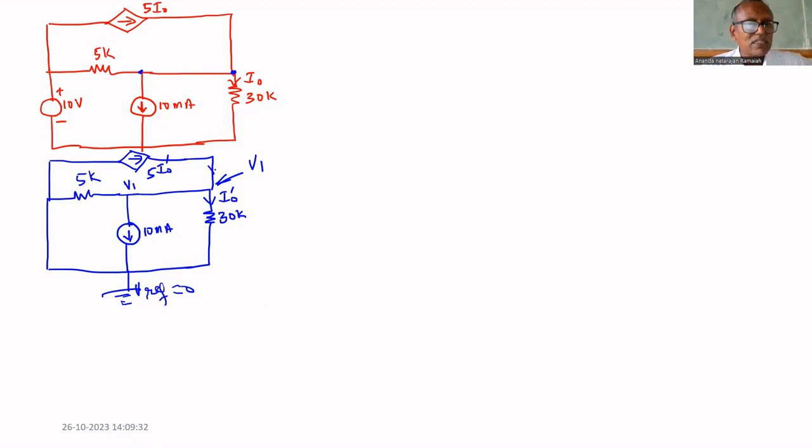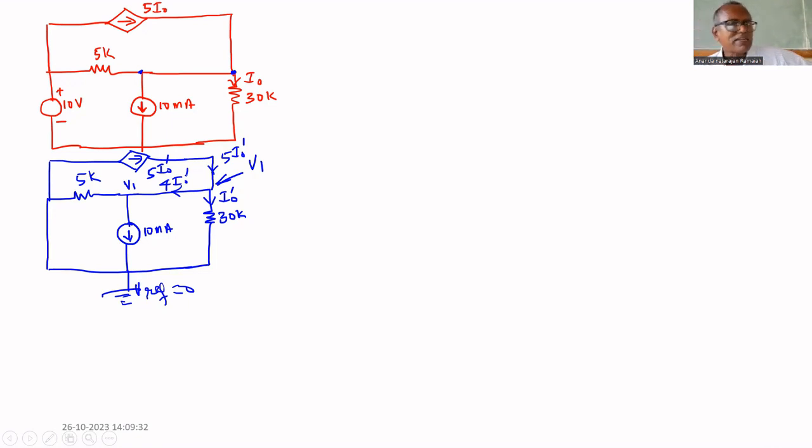What is the current through this? 5 I0 dash. Am I correct or not? Current is entering. What is the leaving current? I0 dash through this. So 5 I0 dash minus I0 dash, therefore 4 I0 dash. Totally 5 I0 dash is coming, out of which I0 dash is going through 30K.